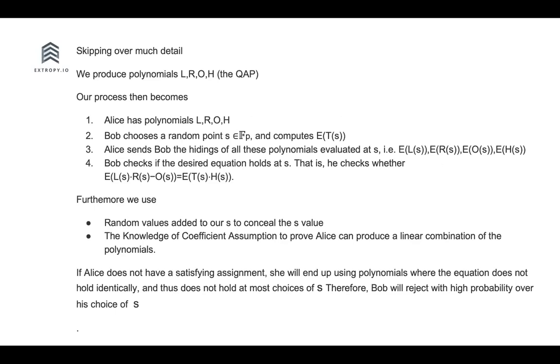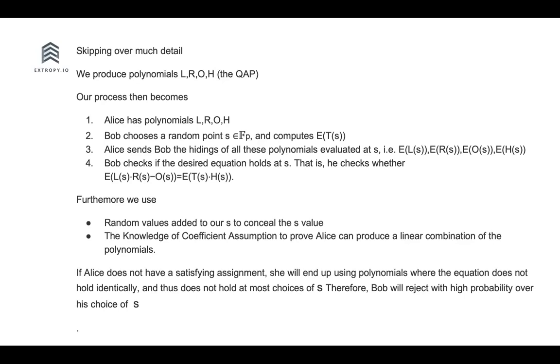And then we want to start evaluating polynomials at various points. So I must apologize here, actually. I've said Alice and Bob. I really should have stuck with Peggy and Victor. But here, Alice is the prover, Bob is the verifier. So Bob is going to start saying, okay, you've got these polynomials, I know what I expect from these polynomials at various points.